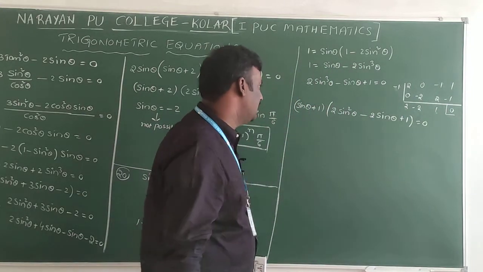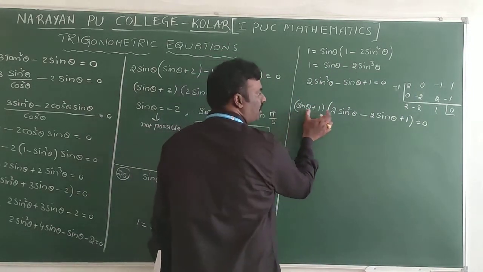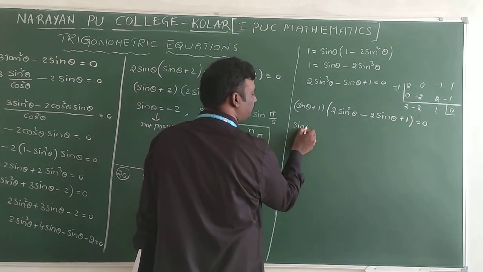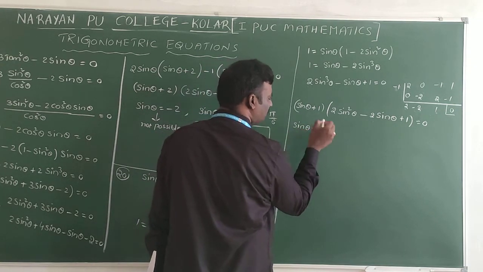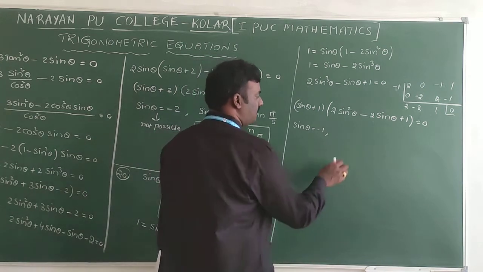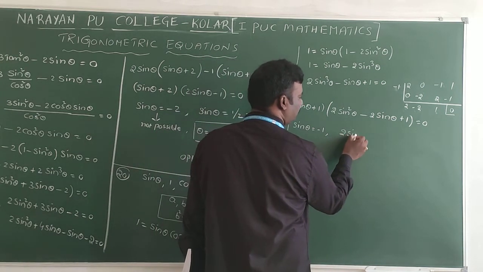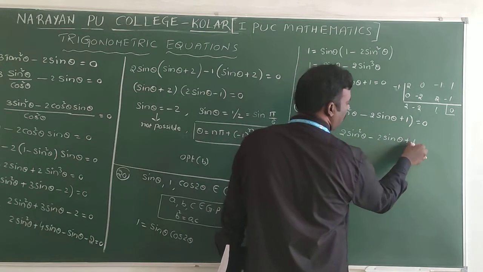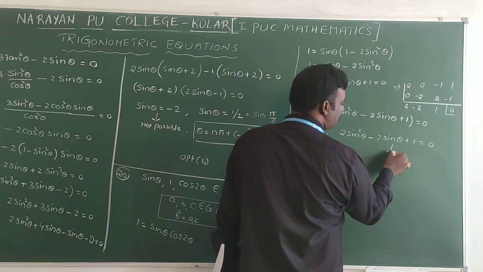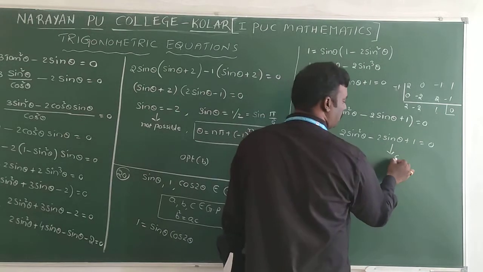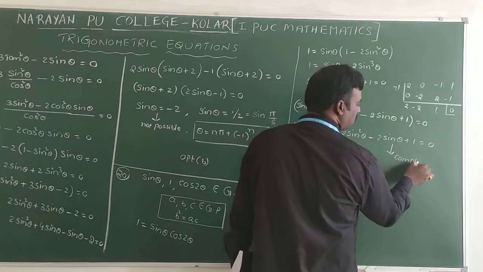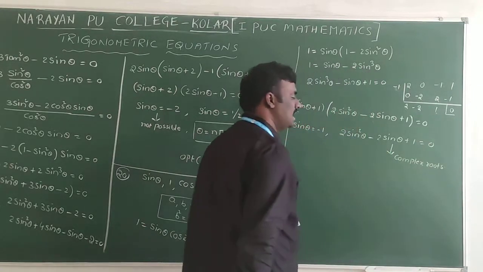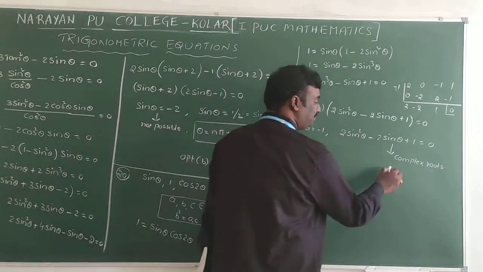Now here also the product of two values will be 0. Either the first one is 0, or the second one is 0. But this equation will give complex roots, or you can say imaginary roots.